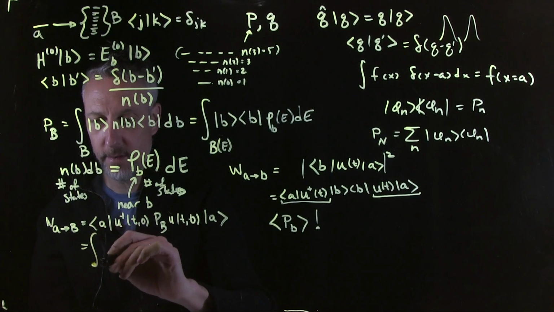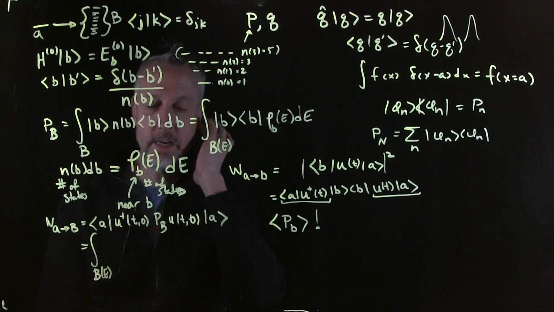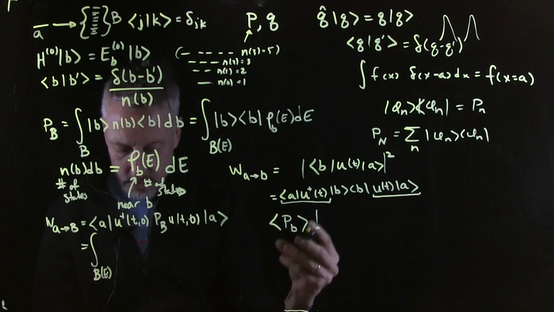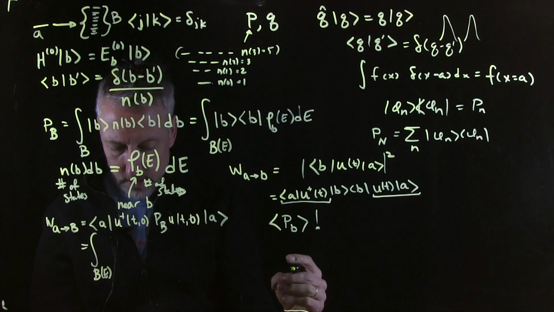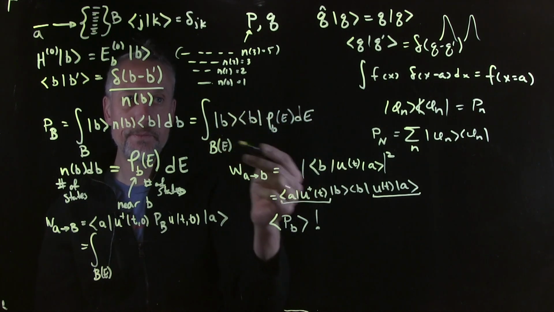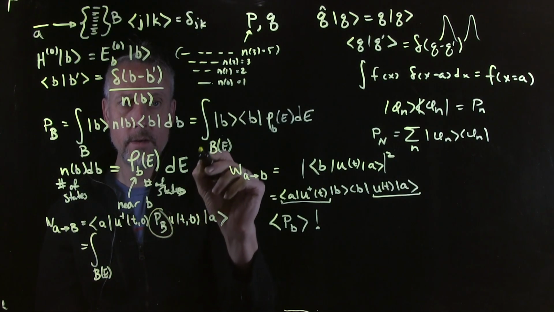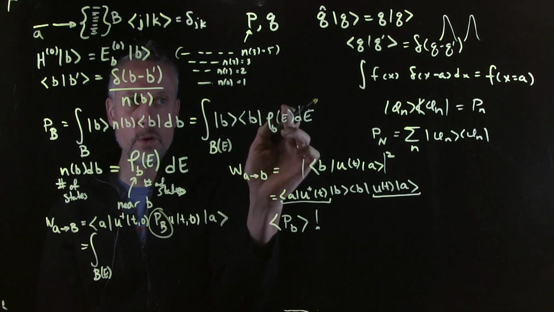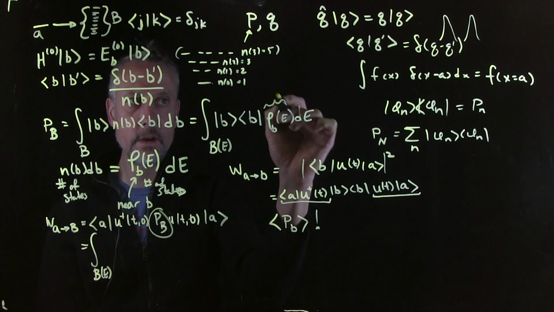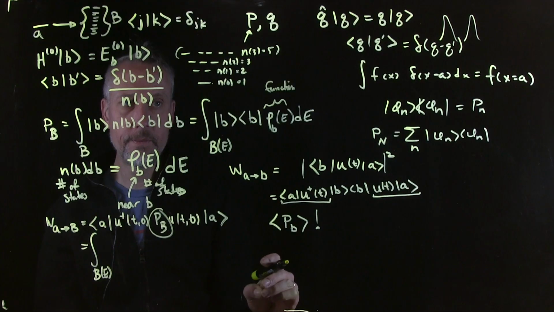We're going to integrate over energies in the region around B, whatever that happens to be. And then we plug in this equation here. This is going to be all the stuff. And if you can move this around, this is just a function, so it slides in Tetris style.